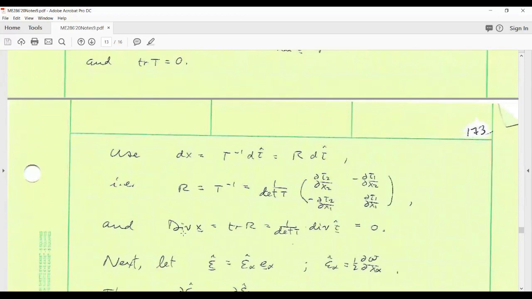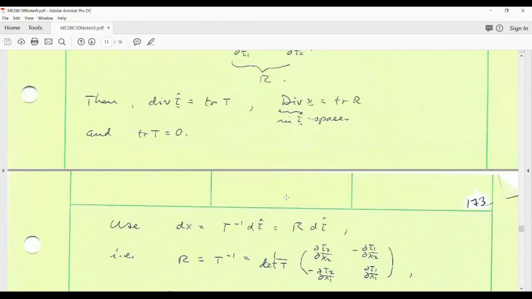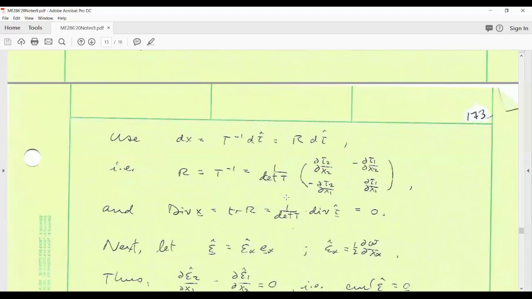Div X in stress space then, that was the trace of R if you recall, right here. It's going to be 1 over the determinant times the sum of the diagonals, which is the divergence in X1, X2 space. That is already 0 from equilibrium, so indeed, position X has 0 divergence in stress space.